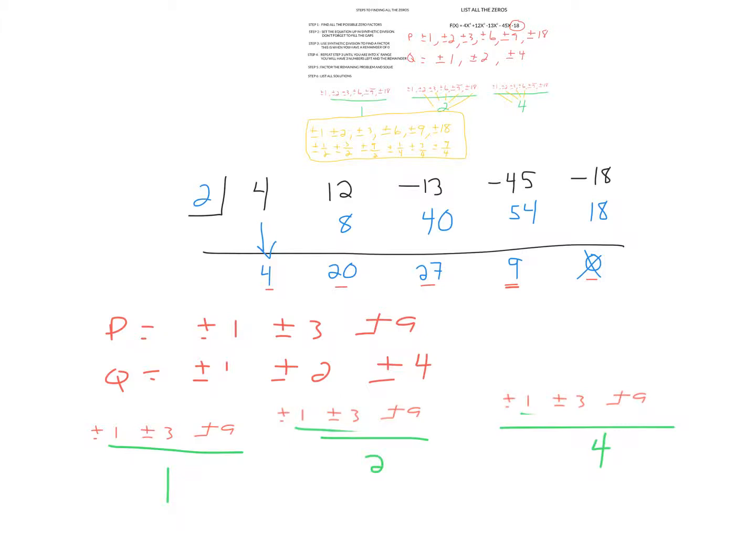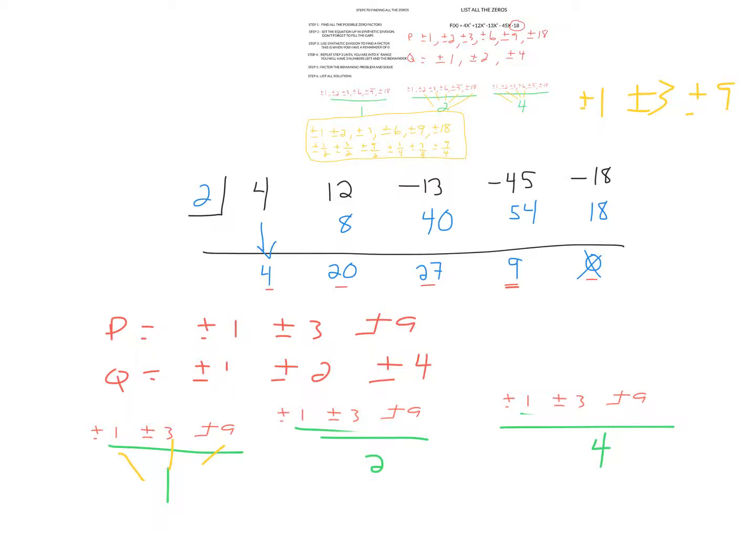let's go back to our original list of possible factors and just cross off what we don't have anymore. So we have plus or minus 1, plus or minus 3, plus or minus 9.